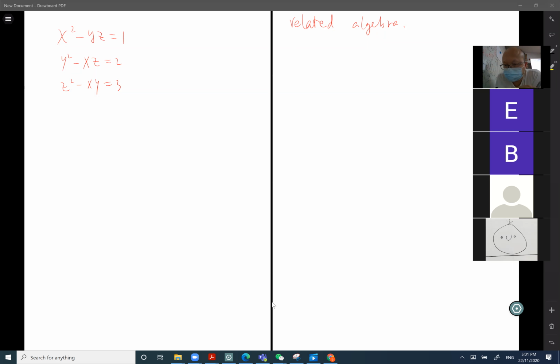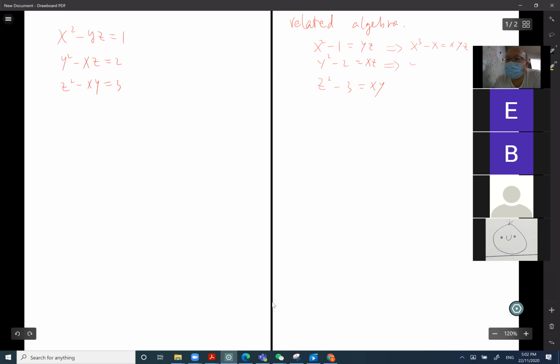For example, some people tried this way. x minus 1 just equals yz. y squared minus 2 just xz. z squared minus 3 just xy. So you have x cubed minus x equals xyz.